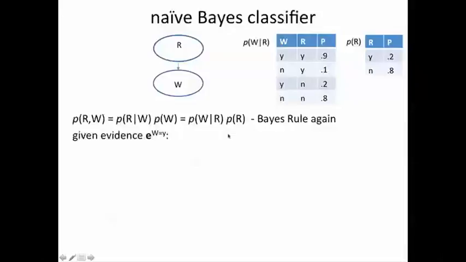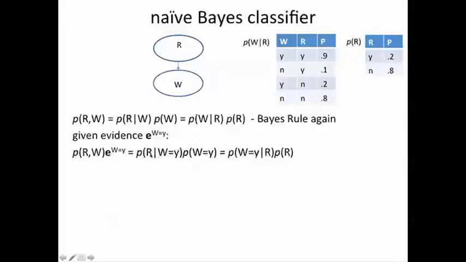Now suppose we are given some evidence that we actually observe that the grass is wet, that is W equal to yes. Now we can condition this joint probability by restricting it to the case where W is yes.